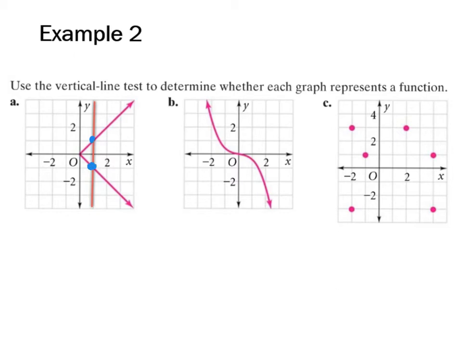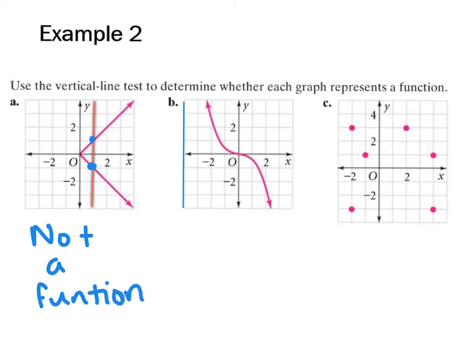So since it is crossing the vertical line twice, it is not a function. In our next example, as I move my vertical line through, at each point it's only crossing this line once. Since it only crosses once, I could say that yes, it is a function.